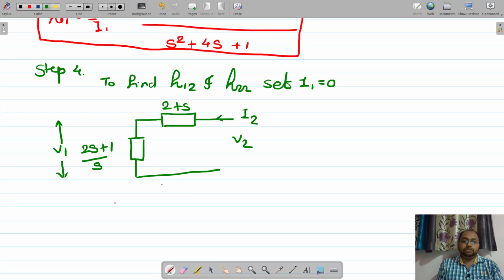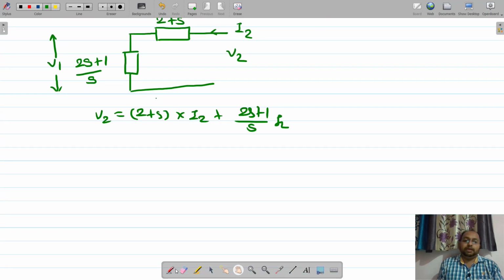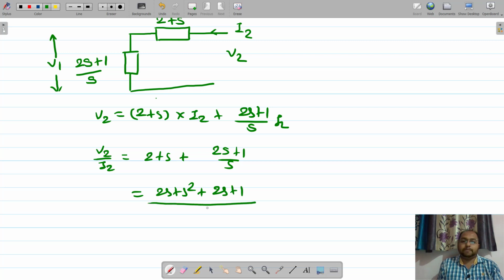So apply KVL to this. Therefore V2 is equal to 2 plus s into I2 plus 2s plus 1 divided by s into I2. So let us take I2 common and transfer it to the left hand side. So 2 plus s plus 2s plus 1 divided by s. Let us make the denominator the same. So 2s plus s square plus 2s plus 1, divided by s, right?